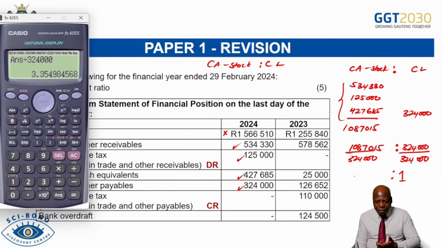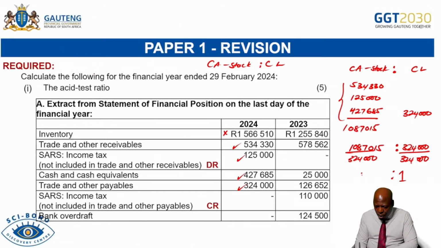And then we round off to 1 decimal point, that is 3.4. All right, I've rounded it to 1 decimal point, so it becomes 3.4 as to 1. Remember to read the instructions in the question paper carefully as you begin your examination. Let's go to the next calculation.